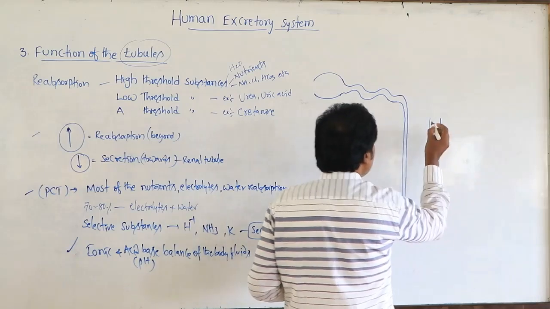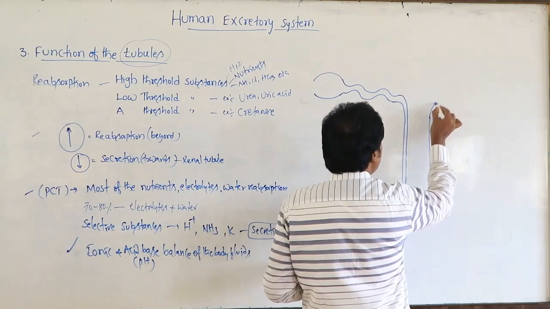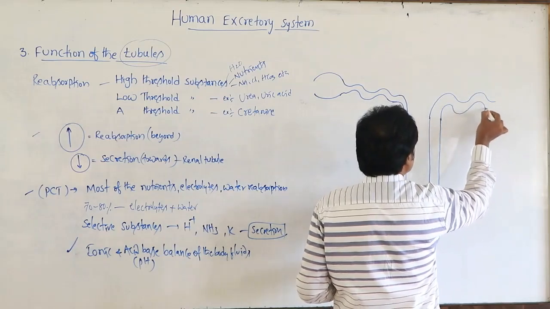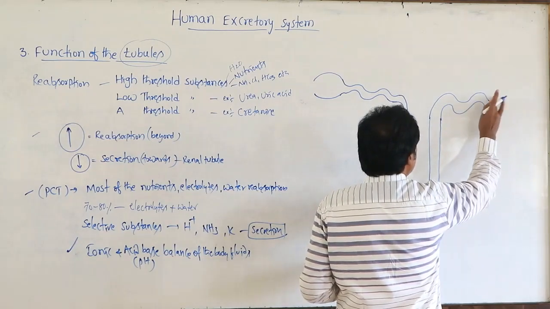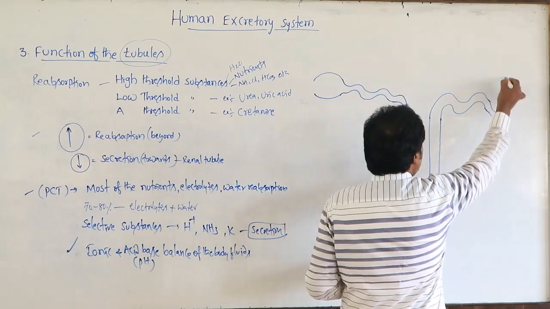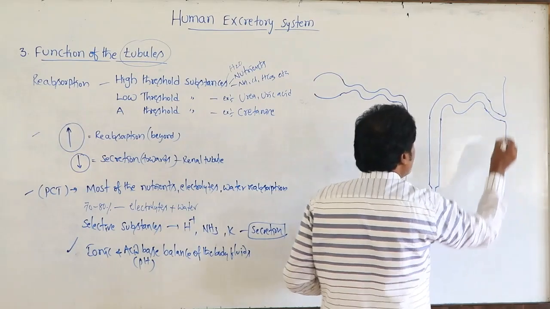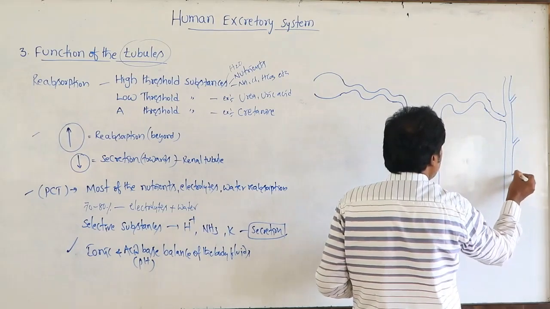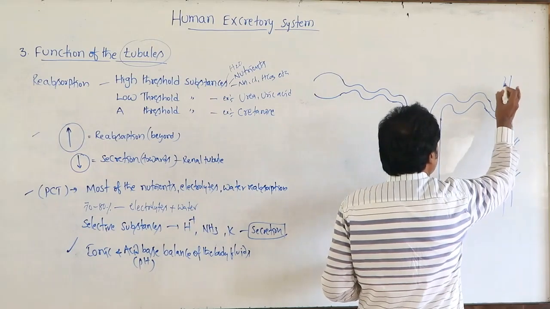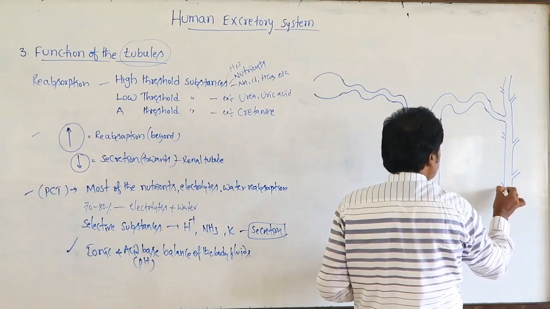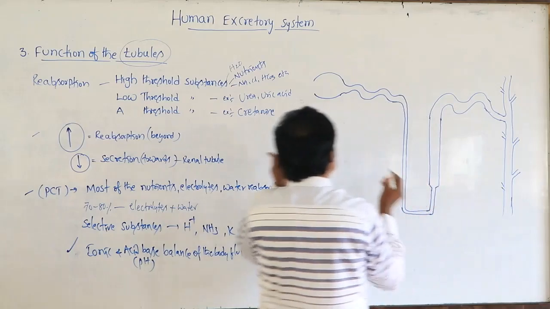Both limbs of the loop of Henle are present. Then the distal convoluted tubule enters into the collecting duct. Not only one, many others also are collected, that's why these marks. This is the collecting tubule.